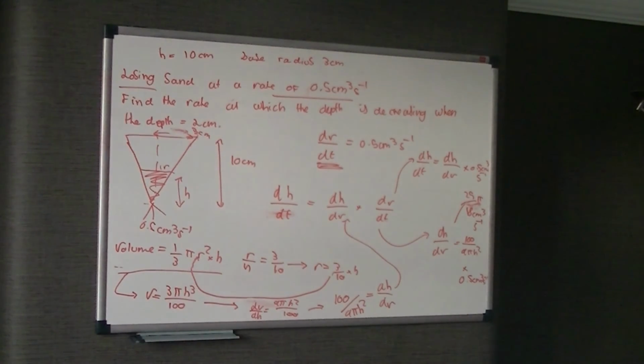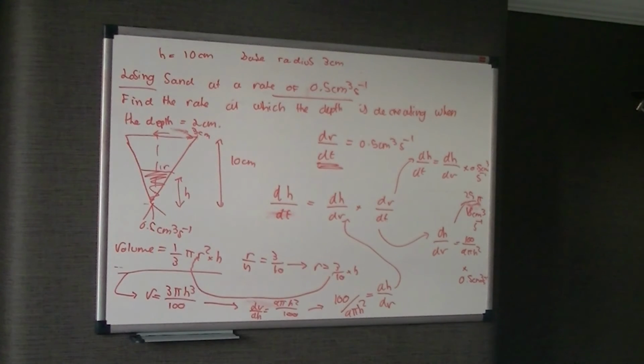So basically what it said was there's a cone which has a height of 10 centimetres, base radius of 3 centimetres, and it's losing sand at a rate of 0.5 centimetre cube per second. Now whenever it says something is at a rate of this, it's a differential.